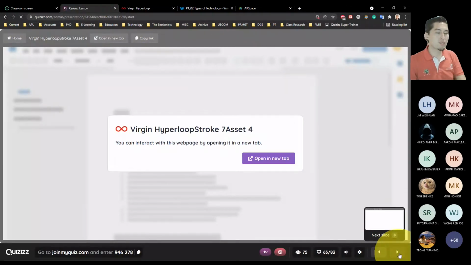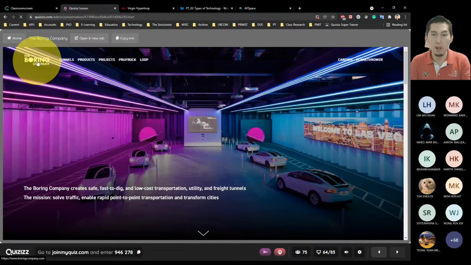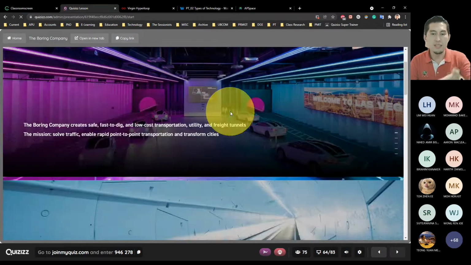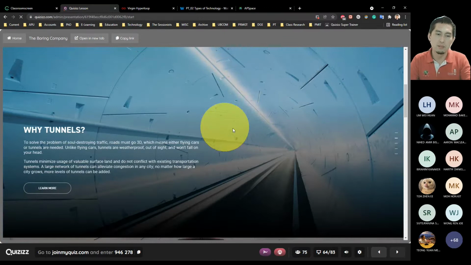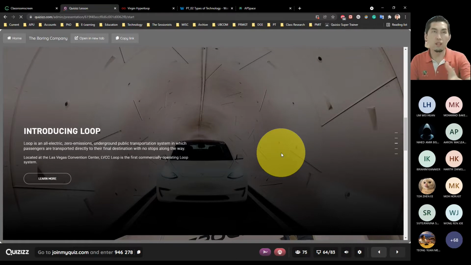The other one is definitely, I think someone has just highlighted earlier, the Boring Company. So this belongs again to another project by Elon Musk, essentially building tunnels underground. A few cities in the US have been identified where transportation underground is going to be fully connected between those few cities.